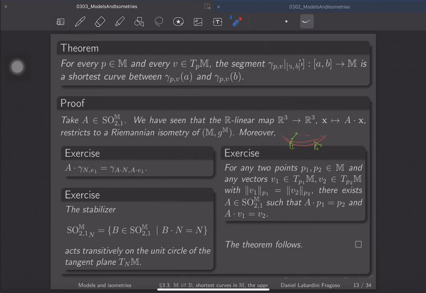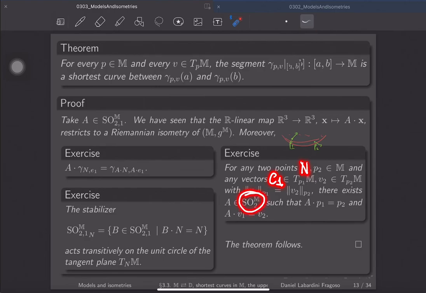because I can go from the pair n comma e, so n comma e1, which would be like my point, would be one of these points, let's say n comma e1. From there, I can go to any other point, P2, and with any unit tangent vector, right?